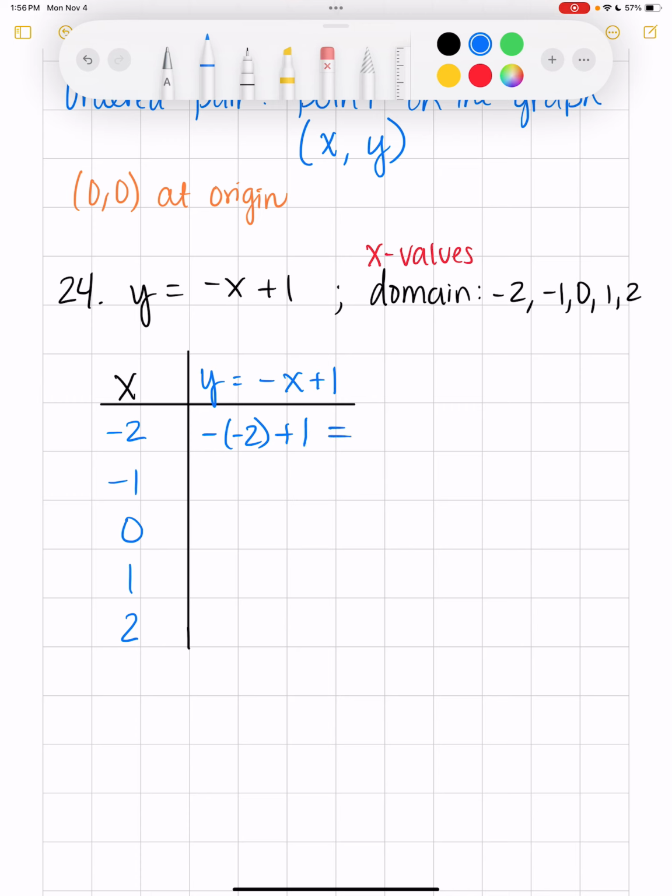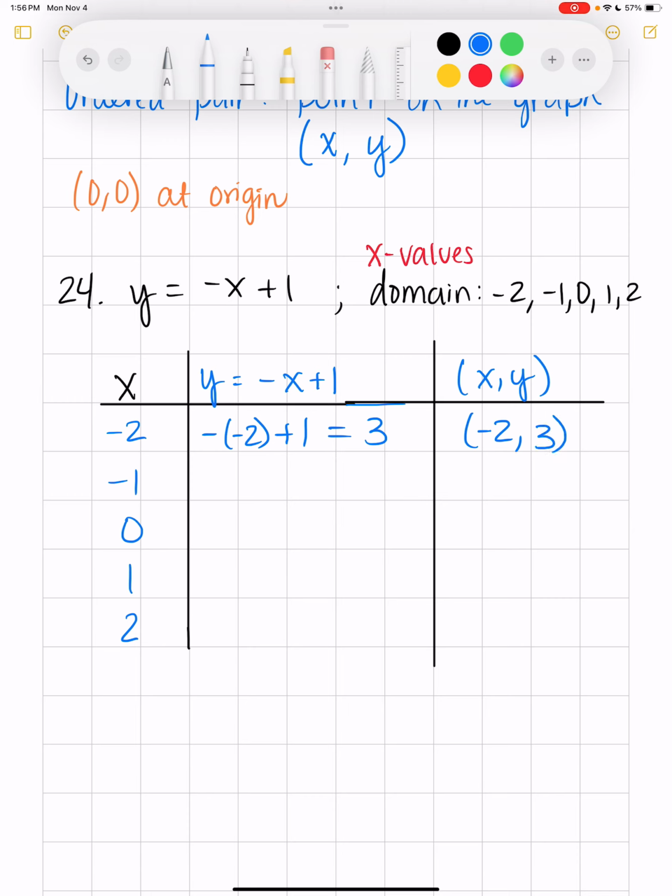Negative times negative is positive, so this is 2 plus 1, which is 3. So the point that I'm going to get, as an xy point, is negative 2, 3.